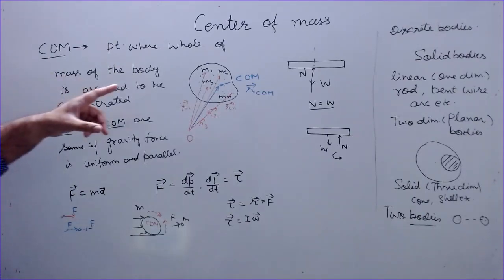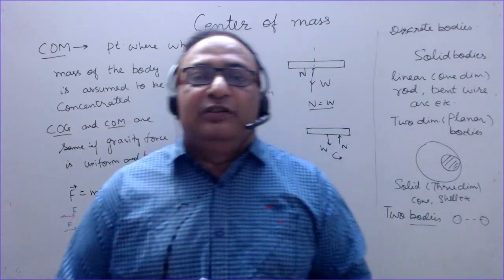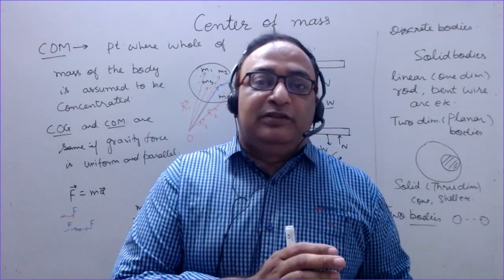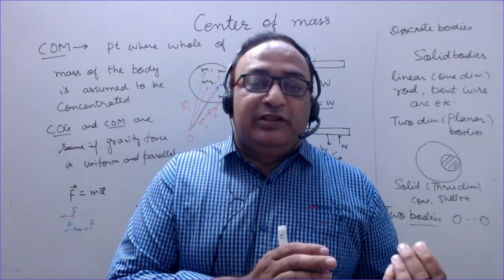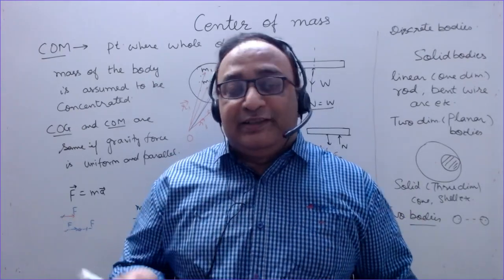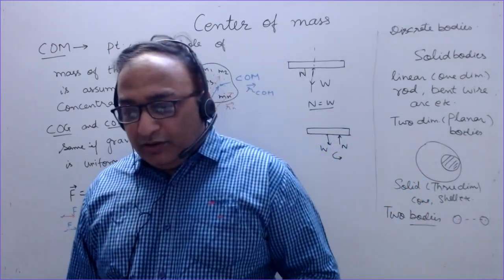What we do here is reduce a body to a point body for the purpose of application. We assume that the mass is concentrated at one place. That point is considered as representing the whole body, a point body. This is the reason why we study this. This is the answer to the second question.